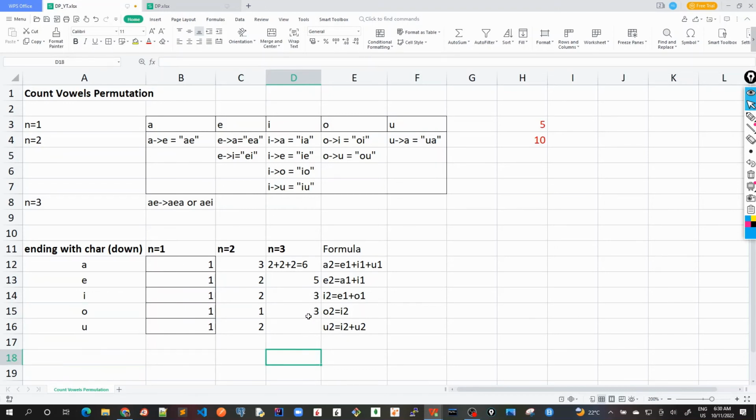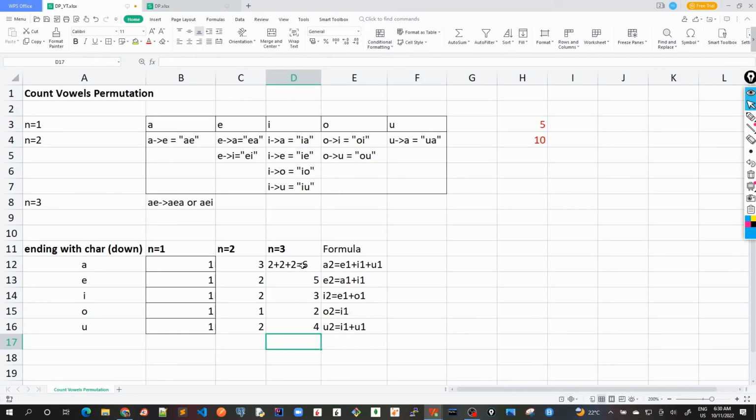O2, yes, sorry, it would be 2. O3 would be I2, so I2 is 2 here, it would be 2. I have the wrong formulas here, sorry. So the formula would be like this. And for U3, it would be I2 plus U2. I2 is 2 and U2 is 2, so 4.